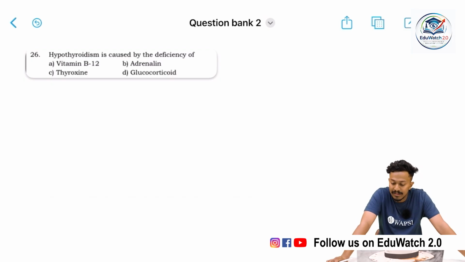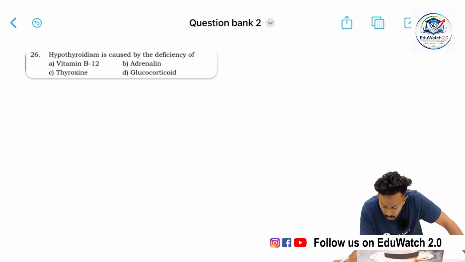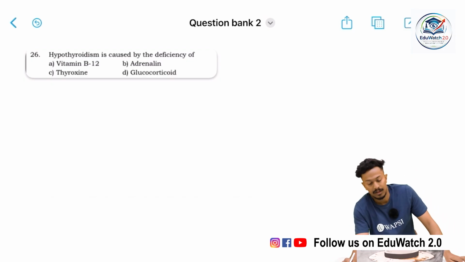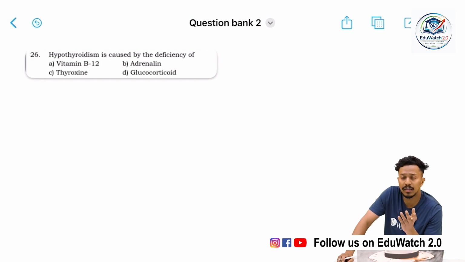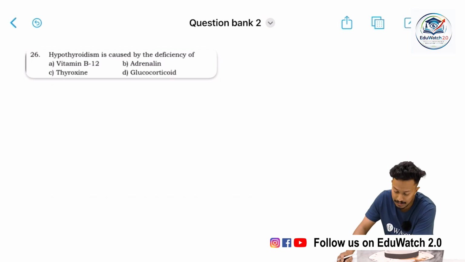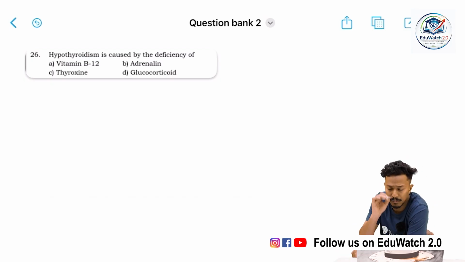Hypothyroidism is caused by the deficiency of which of these? Vitamin B12, adrenaline, thyroxine, glucocorticoid, right? It is the deficiency of a hormone which is produced by the thyroid gland. Here the only hormone that is produced by it is thyroxine, right?